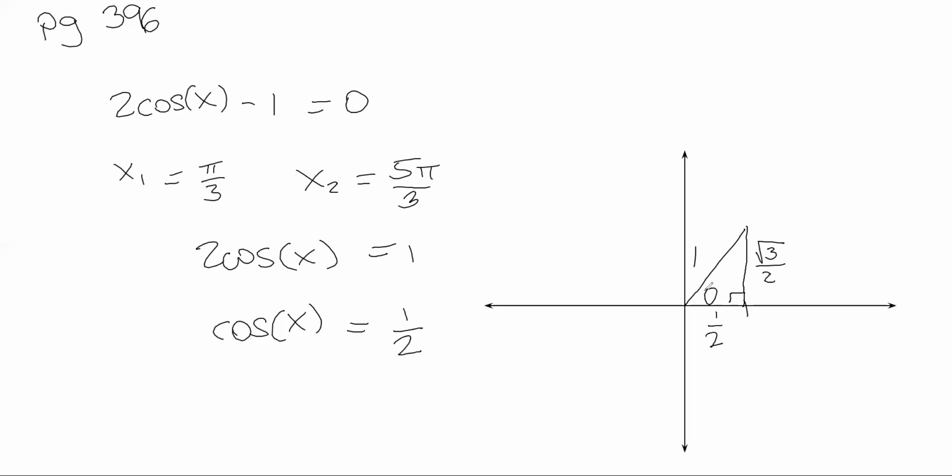Theta is pi over 3. 2 pi over 3 is going to be right about here. And then 3 pi over 3 is along the axis. Then we have 4 pi over 3, and then 5 pi over 3 is right here. We know we're in the right place because 6 pi over 3 is 1 full revolution, the same as 0. So it makes sense that 5 pi over 3 is just one multiple less than 1 full revolution.